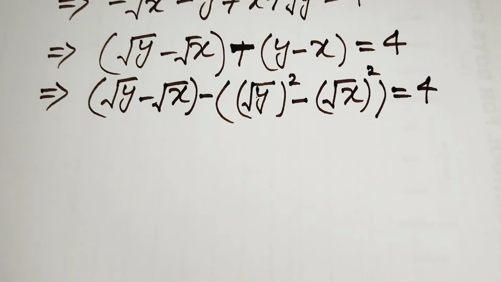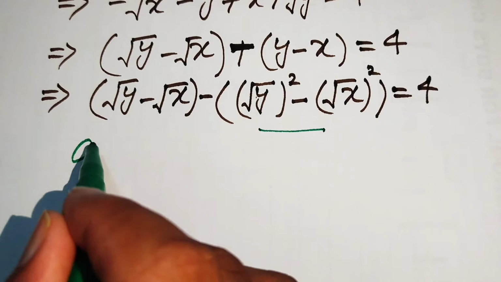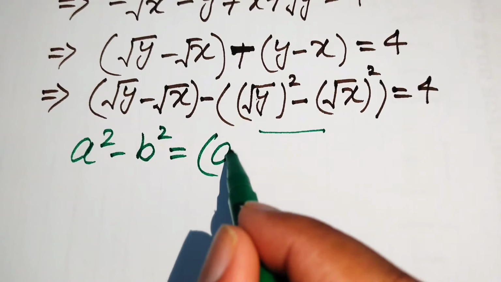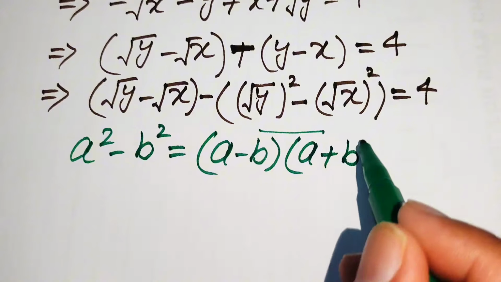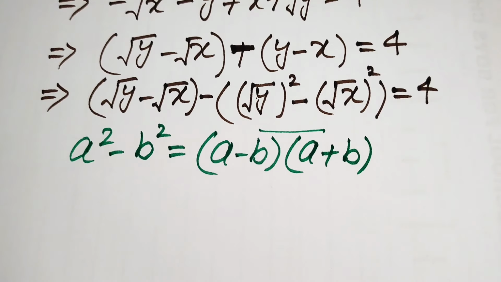Here we use the identity in the second factor. You know that a squared minus b squared equals a minus b times a plus b. We use this identity on this term.